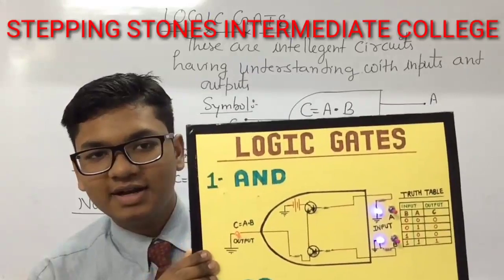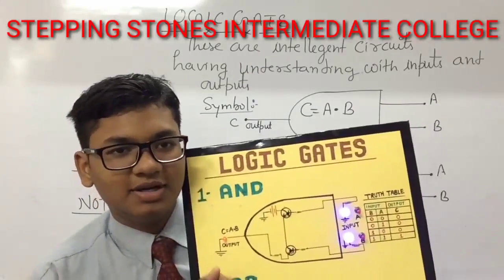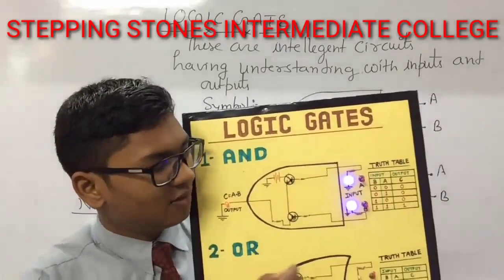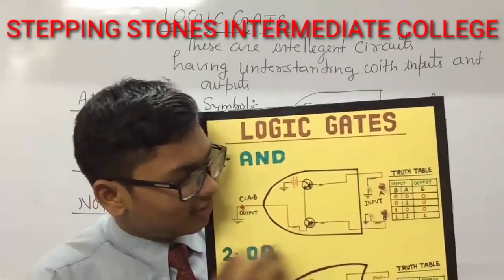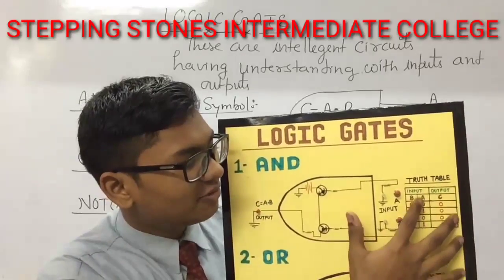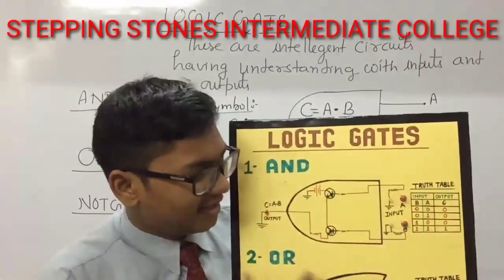So the working of the AND gate is simple. When both inputs are on, then the output is on. The working of the AND gate is like this, and this table follows the AND gate.